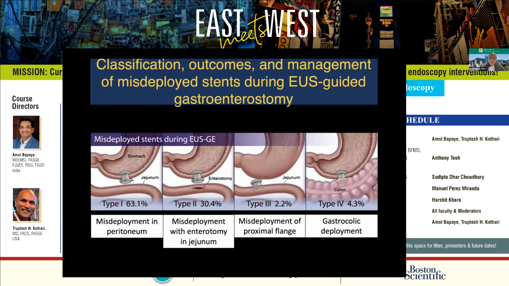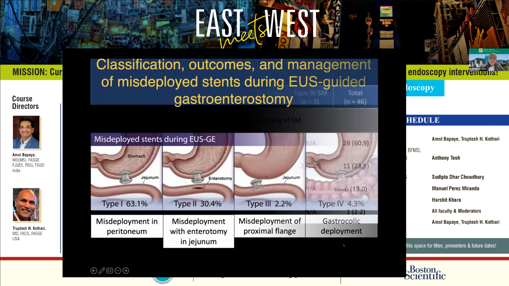So this study tells us that with EUS-GJ, misdeployment can occur in a number of instances. And with most of these instances, you can deal with it endoscopically.